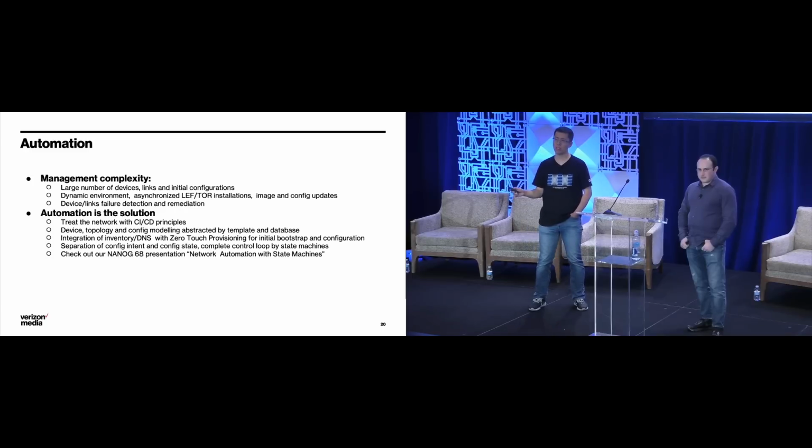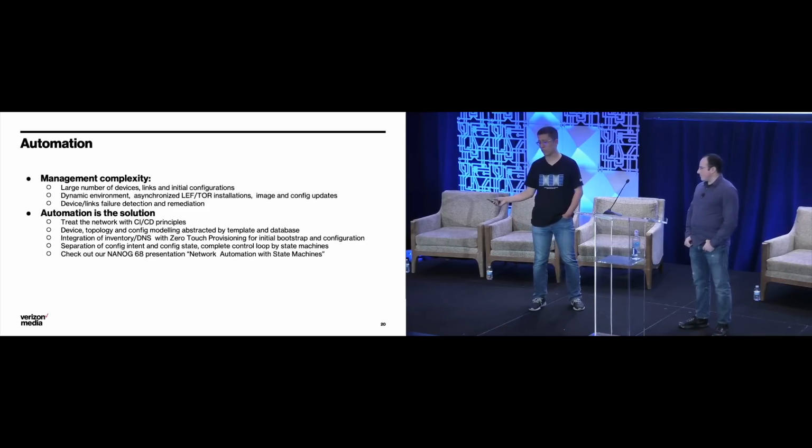It's not only the number of devices or links, but also the changes that have to happen within these clusters, because this is a dynamic environment. Somebody may submit a request, and something has to change. And when you have a really large network, these requests come in really dynamically. So all of these things have to be managed by automation.